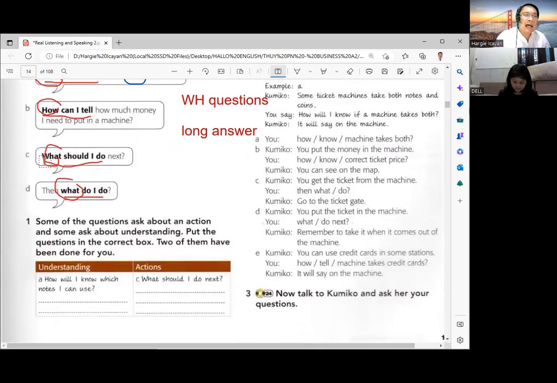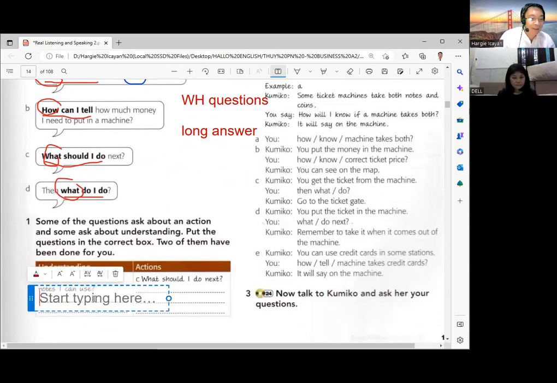Okay. That means, how can I tell how much money I need to put in a machine? So this one is also an understanding because it doesn't need for you to do that.